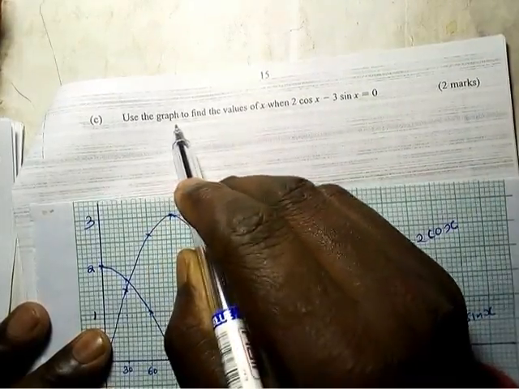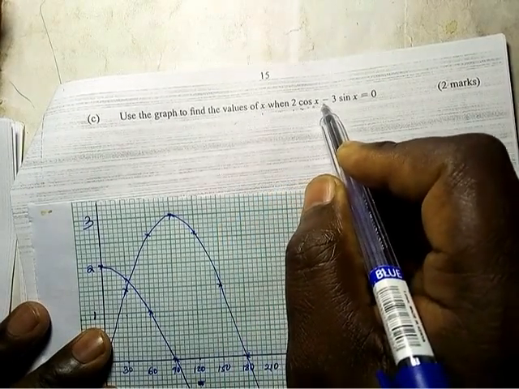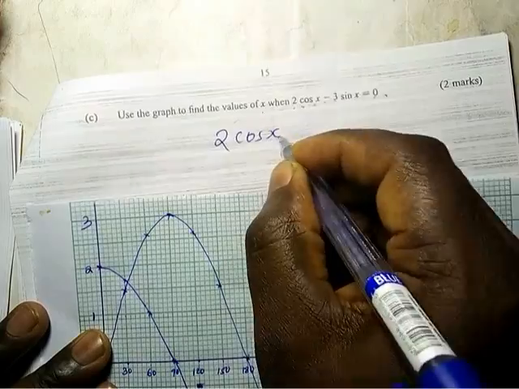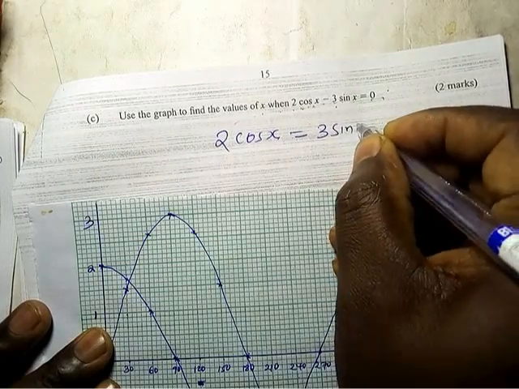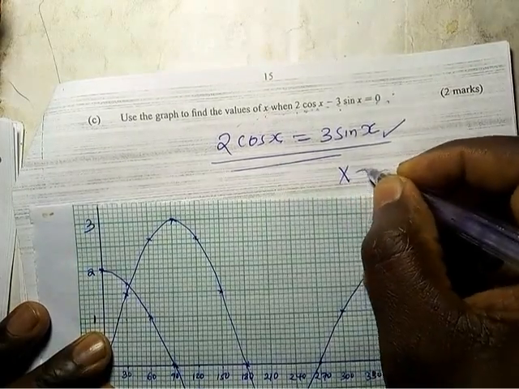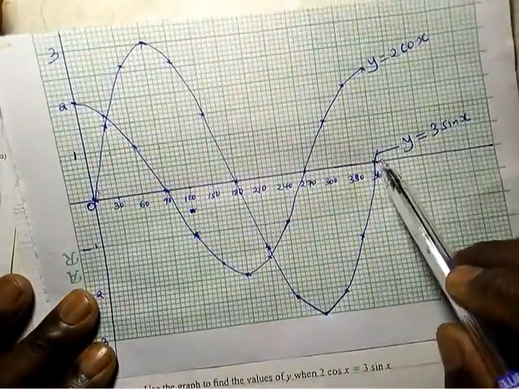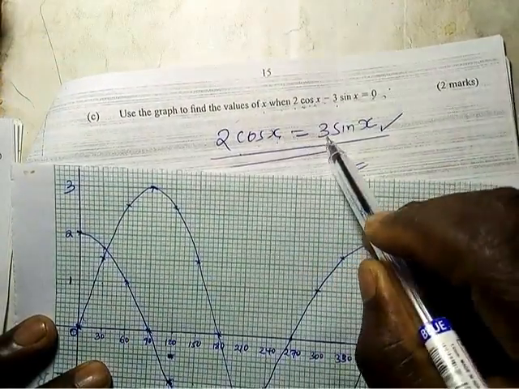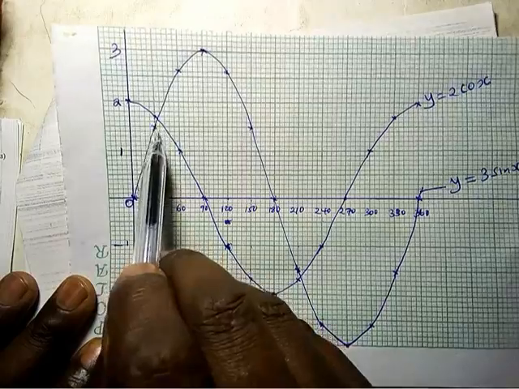Use the graph to find the values of x when 2 cos x minus 3 sin x is equal to 0. This simply means 2 cos x is equal to, take this to the other side, positive 3 sin x. And this means you find the values of x where the two curves meet. So where this curve and this curve meet, that's where 2 cos x is equal to 3 sin x. You read the angle value here.